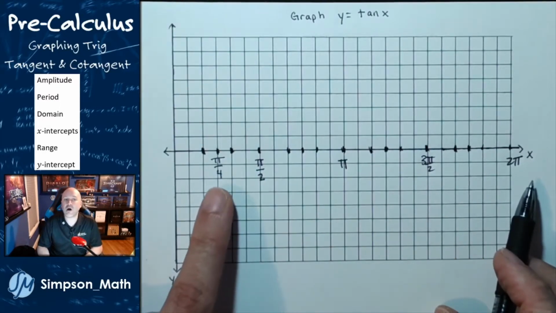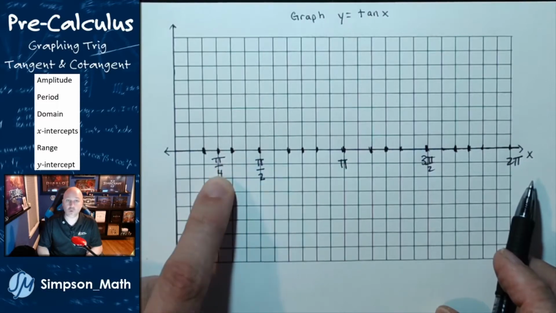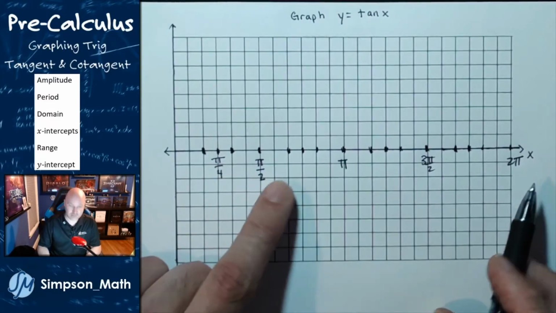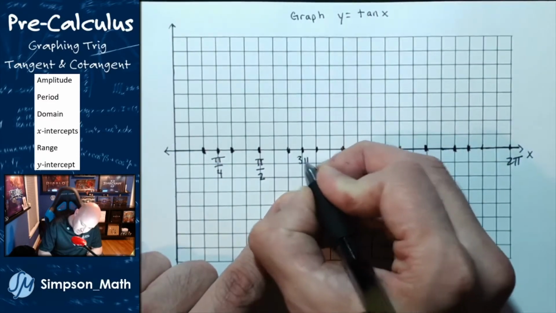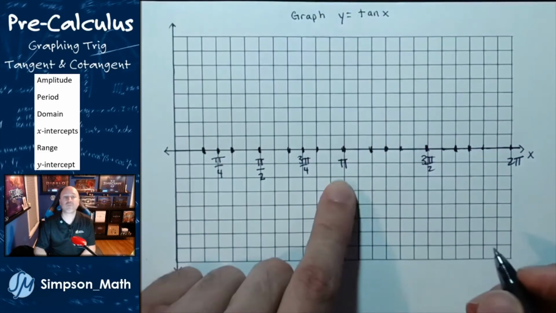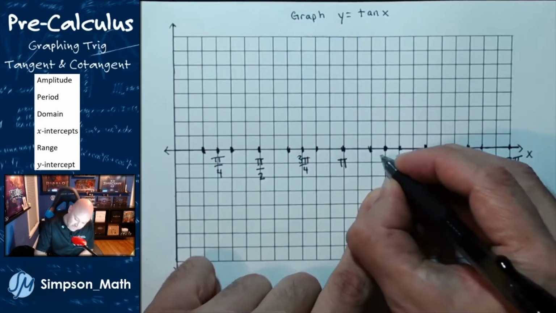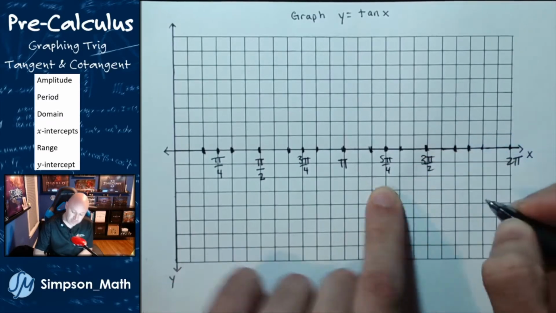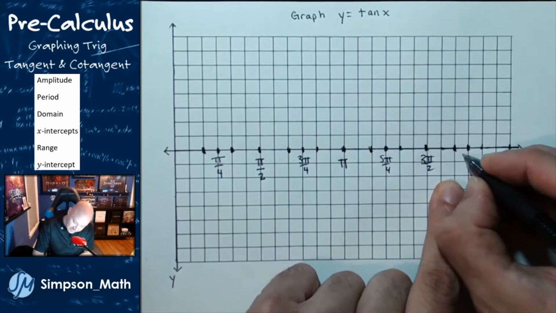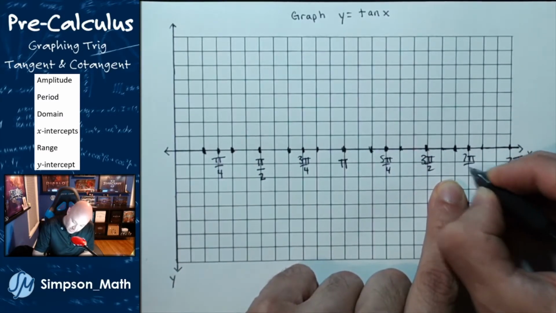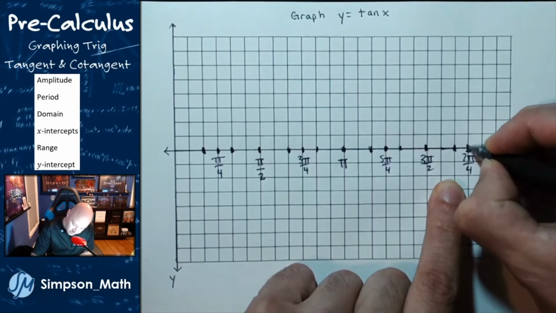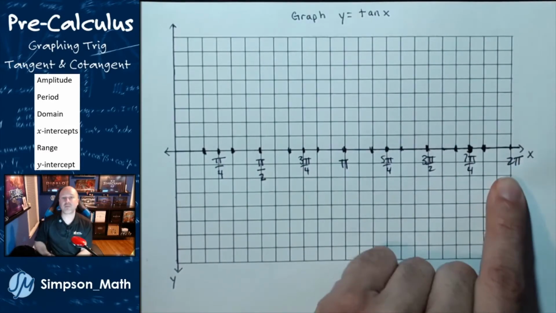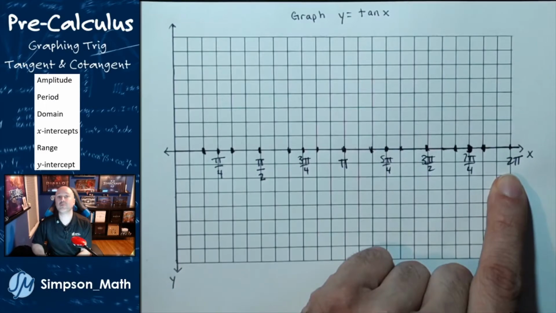I'm going to go ahead and label all of the fourths. So 1 pi fourth, 2 pi fourths, 3 pi fourths, 4 pi fourths, 5 pi fourths, 6, 7 pi fourths, and then of course 8 pi fourths would reduce to 2 pi.